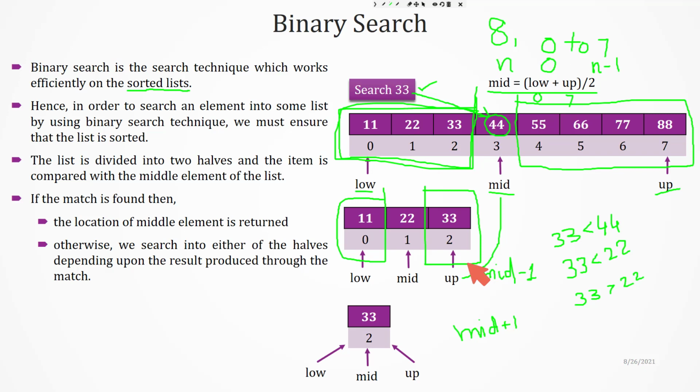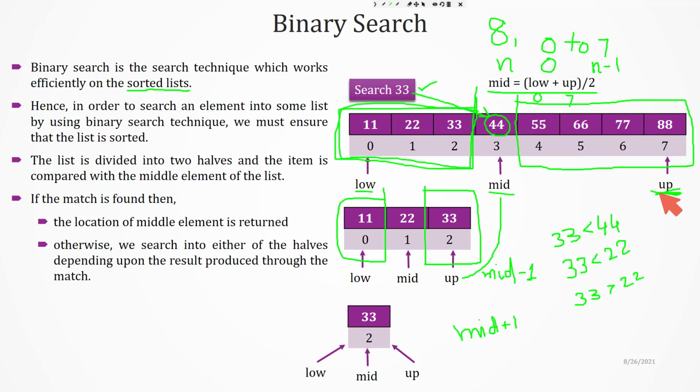If the element to be searched is greater than the middle element, we have to search in the right hand side part of the middle element. To make that searching possible, we are making some manipulations. If the element to be searched is on the left hand side, the up value will be updated to mid minus 1.